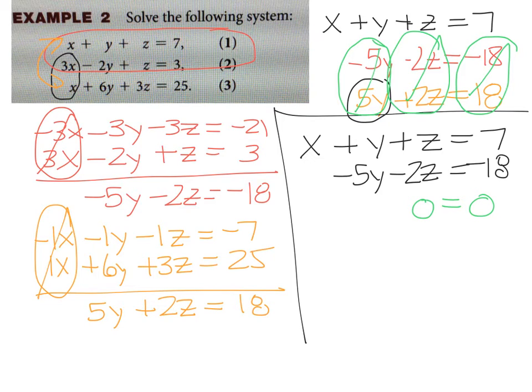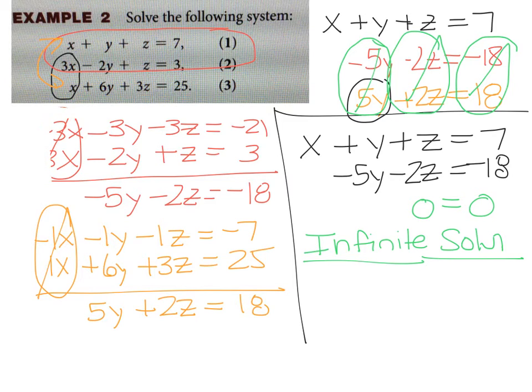Whenever this happens, this means that you have infinite solutions. You can't just stop there, though. You have to actually write the answer as an ordered triple, which can get a little interesting. So I'm going to make some room over here so that you can see what this looks like.